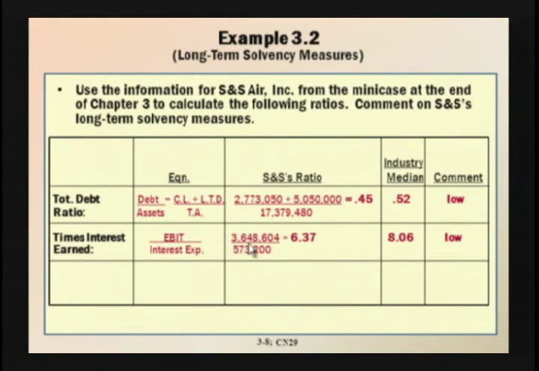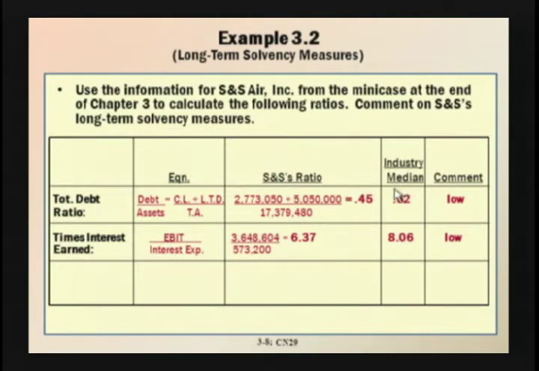So we take that EBIT and divide it by the interest expense, and we see that S&S has been able to cover its interest expense by generating operating income 6.37 times over. The industry median is higher than that, a little over 8 times.